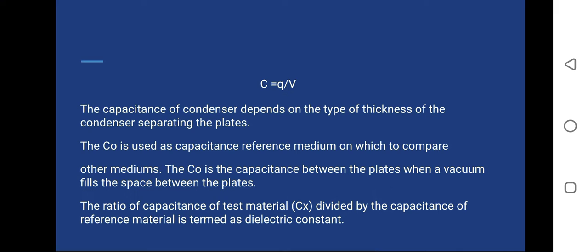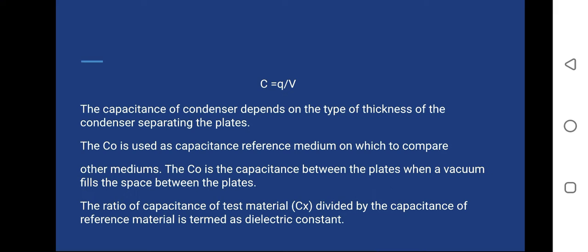The capacitance of the condenser depends on the type and thickness of the medium separating the plates. C0 is used as the reference capacitance against which the other is compared. C0 is the capacitance between the plates when vacuum fills the space between them.